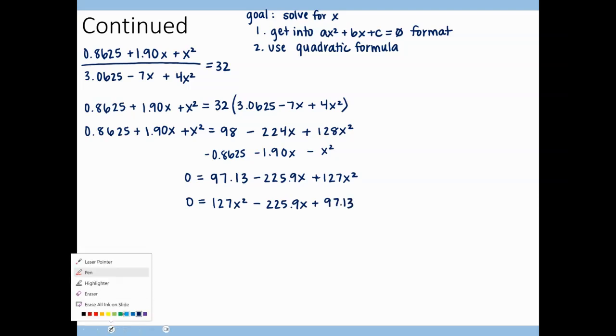In this format, 127 is A, 225.9 is B, 97.13 is C. And those three letters are used in the quadratic formula. So we need to identify A, B, and C in this format where we have x squared, x, and a value without an x. Then we use the quadratic formula.